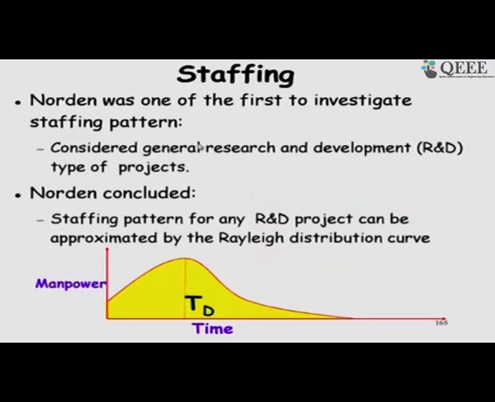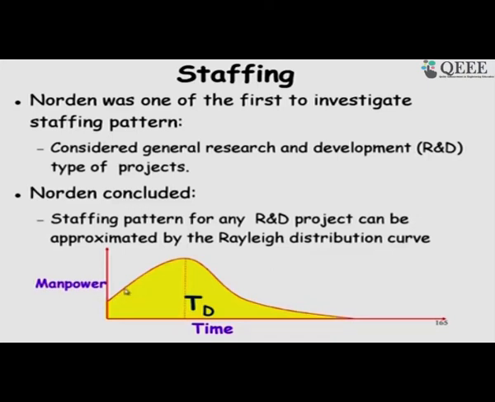And later Norden was investigating the staffing pattern in software development projects, and he found that the staffing pattern in software development projects was almost similar to that in an R&D project. In an R&D project, initially we explore the concepts, we do some design, experiment and so on.